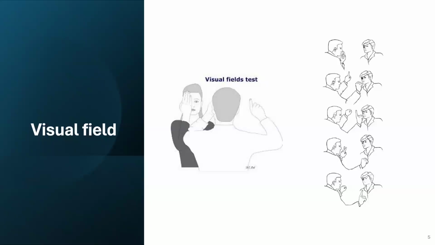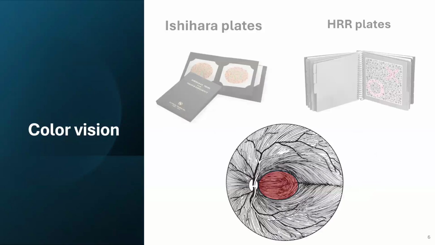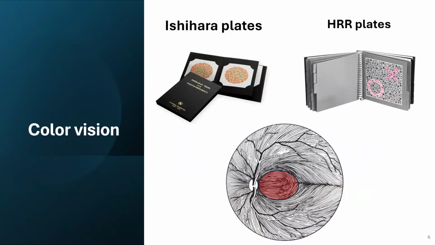So this is how you perform the confrontation visual field. The color vision is one of the visual functions. So let me just explain how it comes. The photoreceptors responsible for the color vision are the cones, here in the center of the macula, which are concentrated in this area.